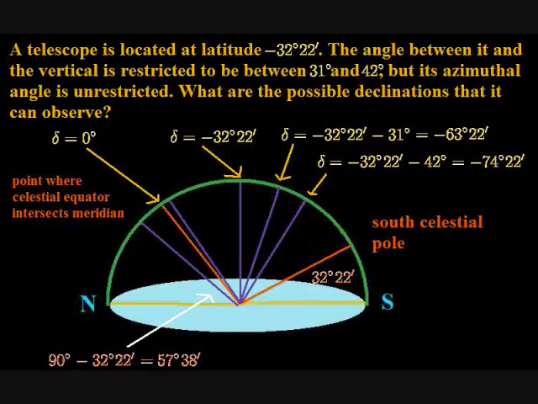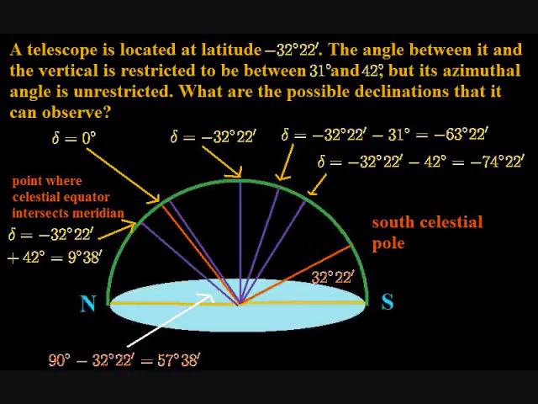Well, the furthest north is 42 degrees north of the zenith, because remember, the telescope has to be between 31 degrees and 42 degrees of the zenith. So its declination is the declination of the zenith plus 42, or 9 degrees 38 minutes north.